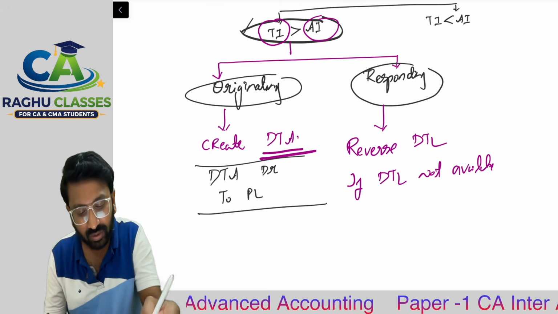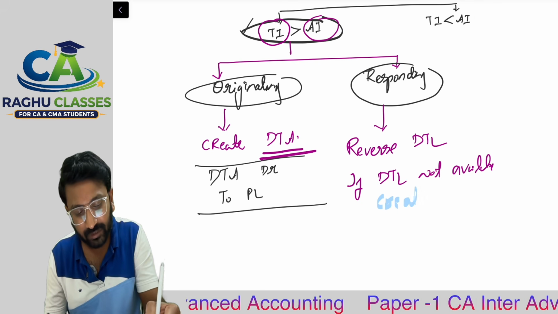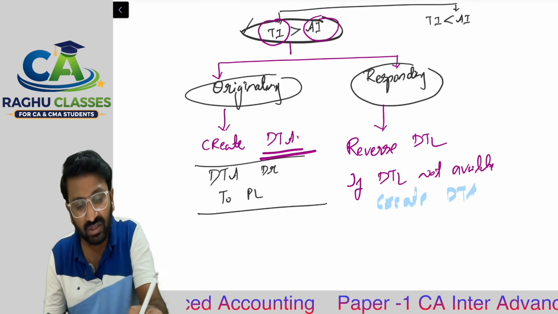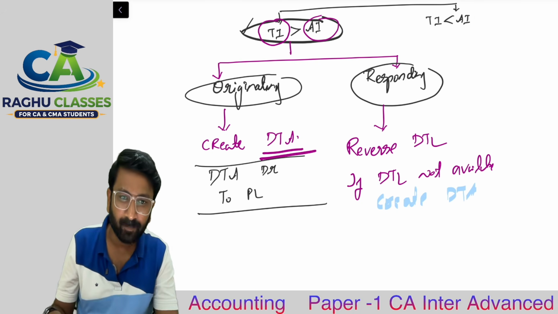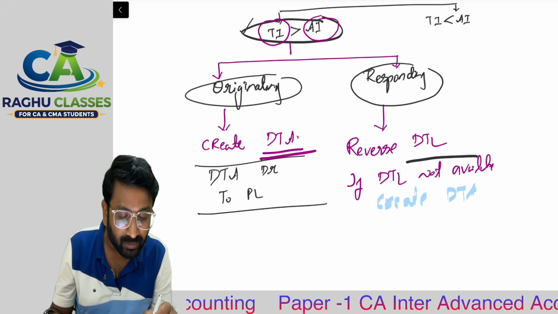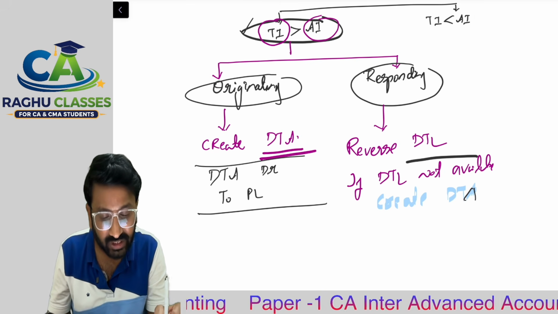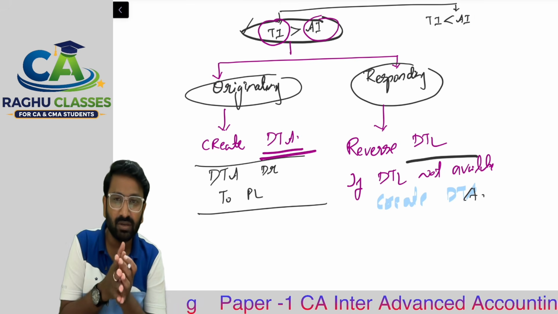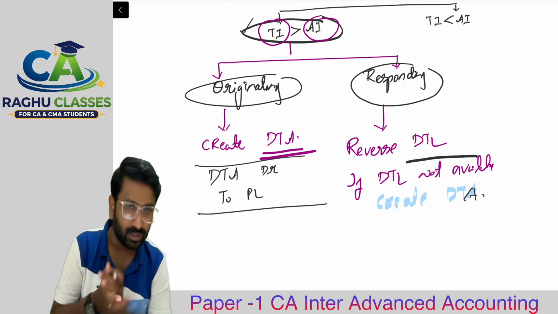If DTL is not available, then I'll create DTA. This is how we treat it if your taxable income is more than accounting income.